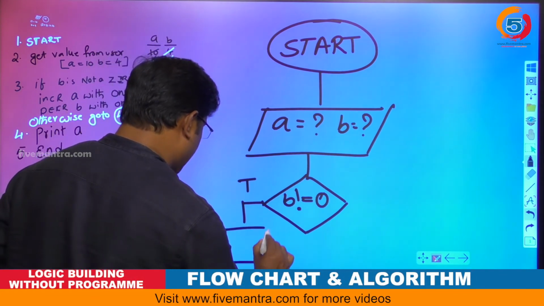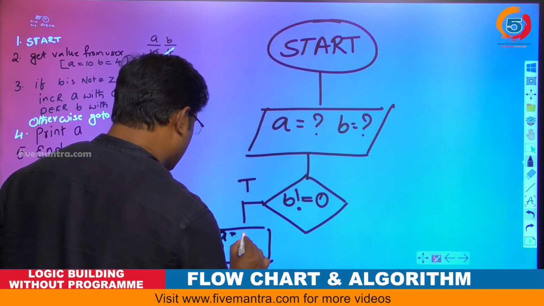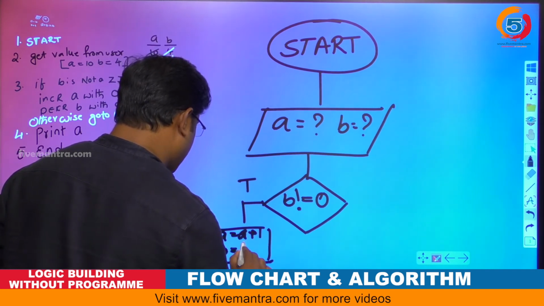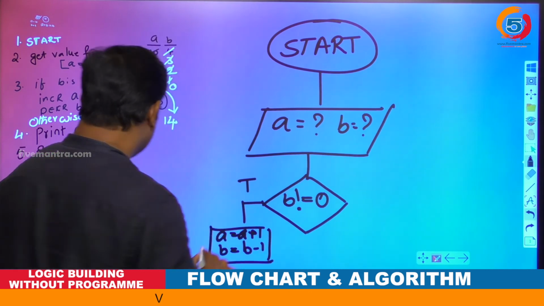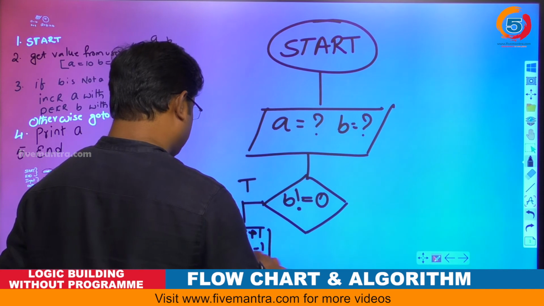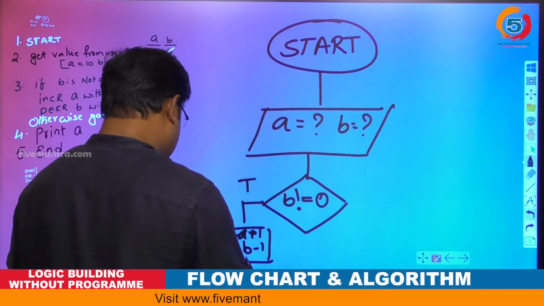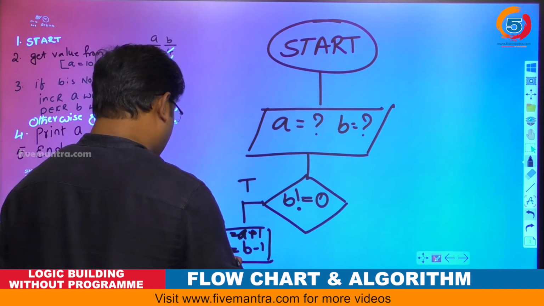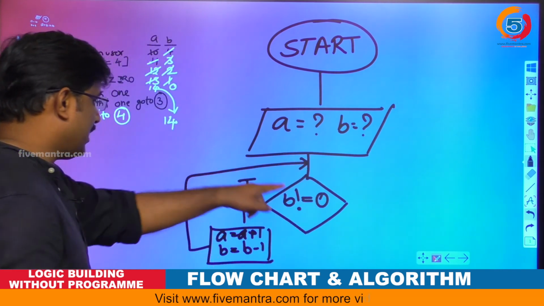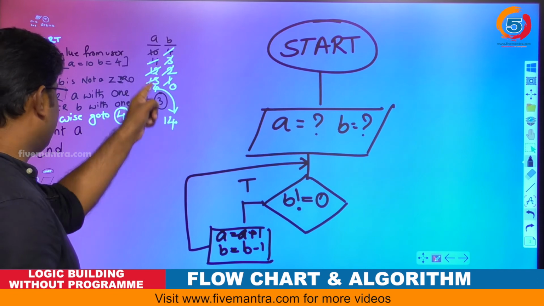You have to increment A equal to A plus 1 and B equal to B minus 1. These are the 2 steps, and once it is completed, I have to continue, go to step 3. This is step 3 and it will continue.